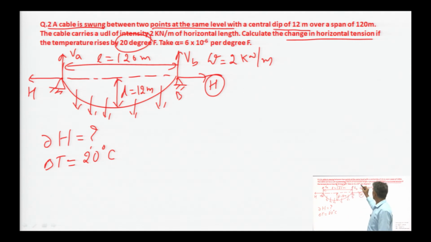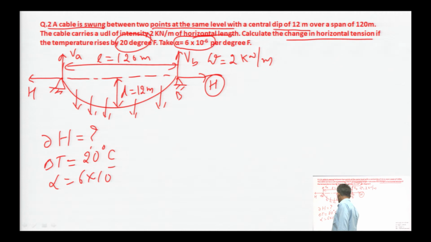The value of alpha is given to you: 6 into 10 to the power minus 6 per degree Fahrenheit.